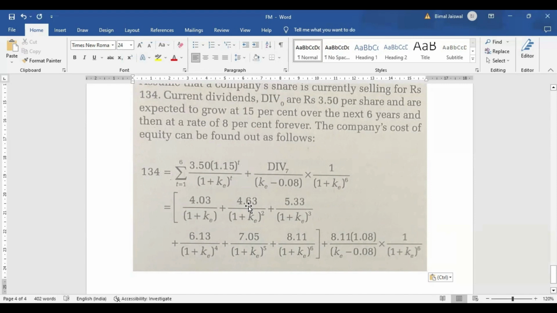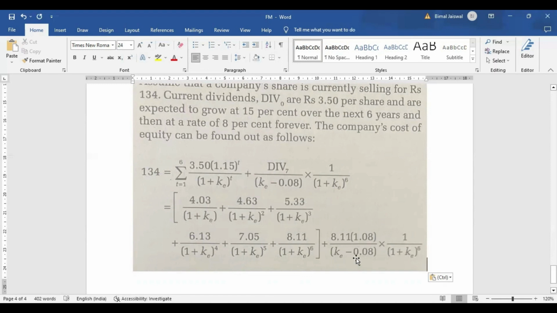Third year, 4.63 multiplied by 1.15 to the power 3, you will get 5.33. So first year, second year, third year, fourth year, fifth year, and sixth year, it was going at a supernormal growth. And after 6 years, 8.11, now it will grow at the normal growth rate, 1.08, the normal rate.